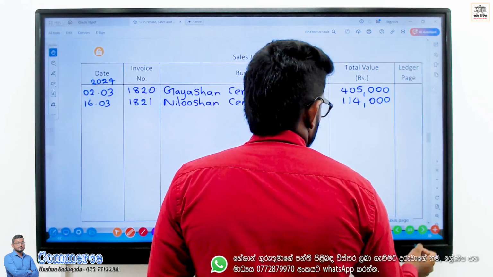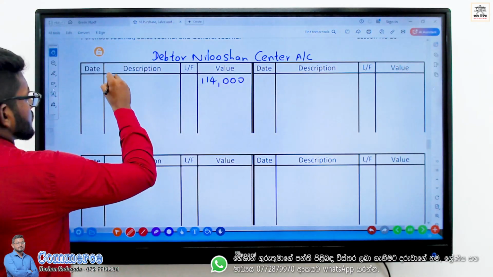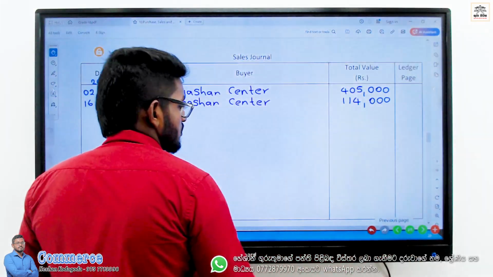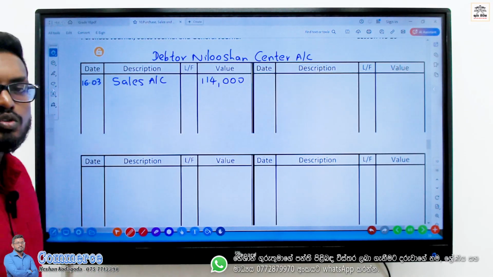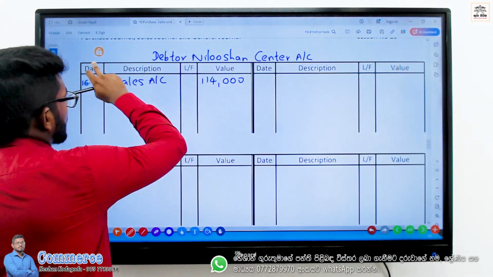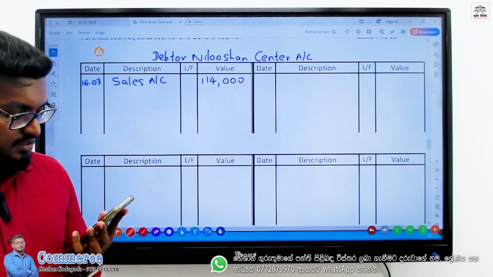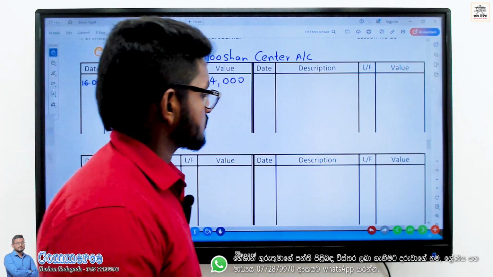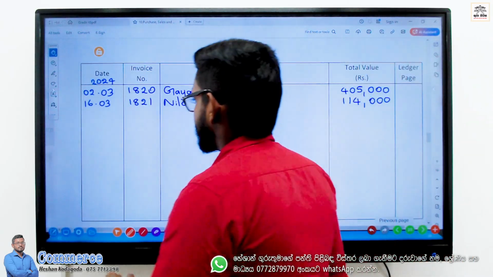What is the amount? 114,000, sales account. In the exam it is fine to draw some T accounts.